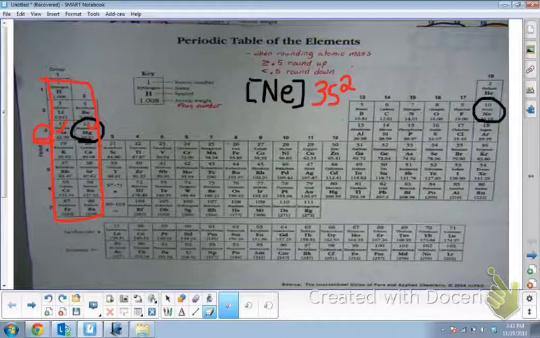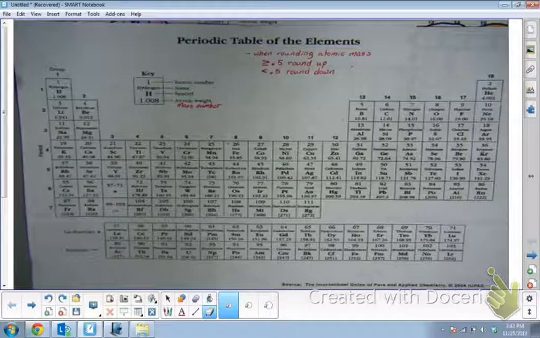Let's try another one, something maybe a little more difficult. Let's say we were looking at the element 10. Here's 10. The nearest previous noble gas is krypton. We have to count the number of electrons that will take us all the way to 10. We have elements in the 5s, so here's our shorthand: krypton, Kr, in brackets, then 5s2.